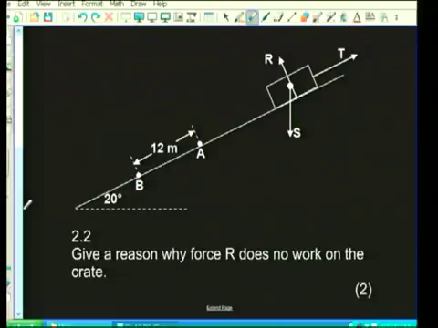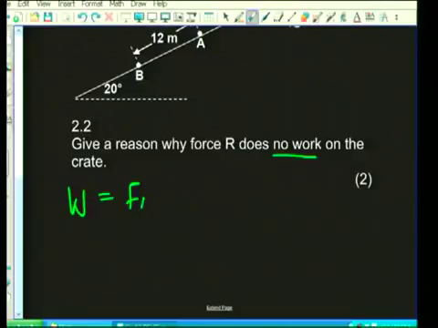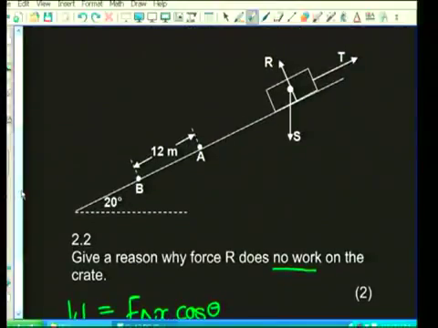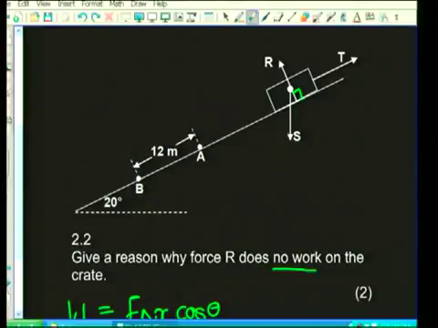Now it says to us, give a reason why R does no work on the crate. Well, let's look at the equation. W equals F delta X cos theta. Now, first of all, the crate's not moving, but let's ignore that. Even if the crate was moving, R would do no work. Look here. R is at 90 degrees to the surface.